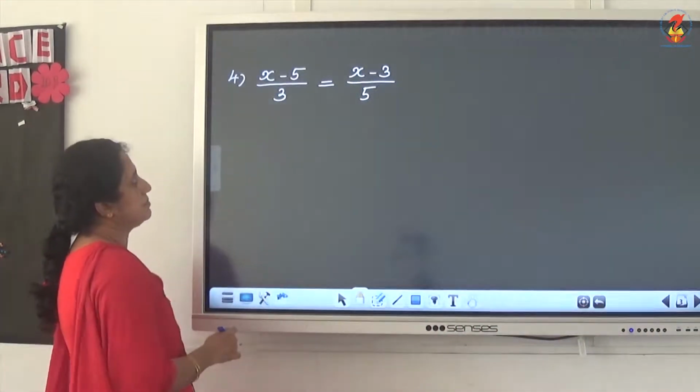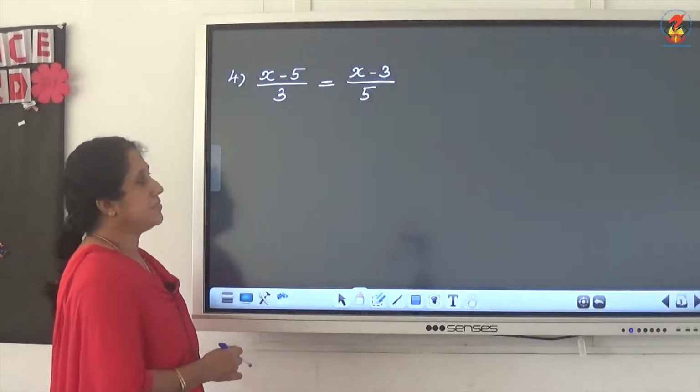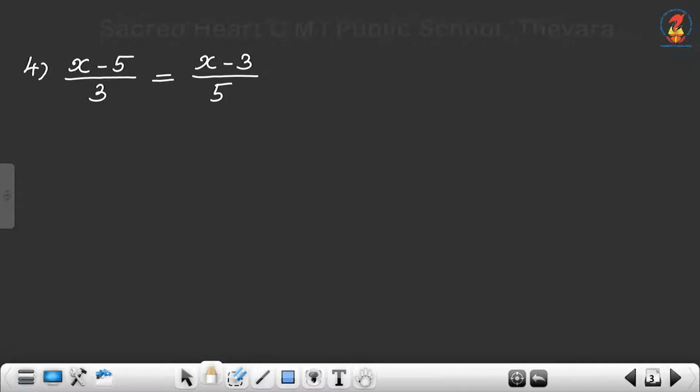Now the next question: (x - 5)/3 = (x - 3)/5. Here also look at the denominators. The denominators are 3 and 5.